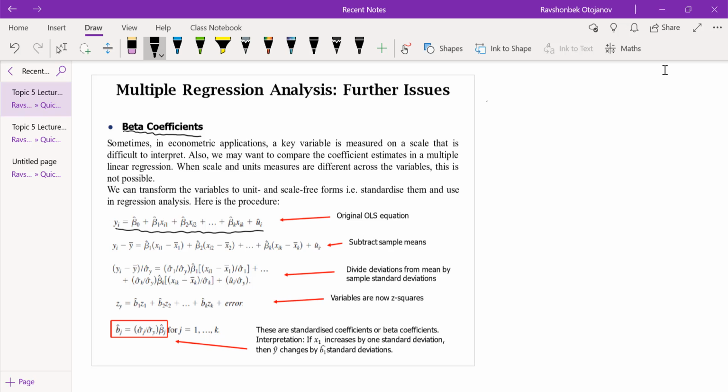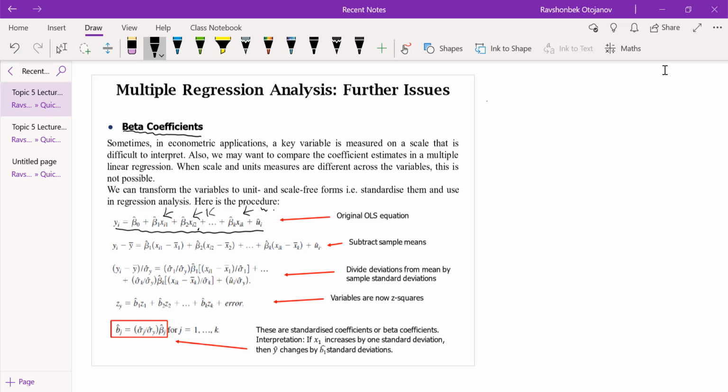But when you have each of these variables containing different units of measurement, let's say this is in pounds, this is in dollars, this is in kilograms, this is in miles, so a lot of different factors, measured in different units of measurement. When we say this increased by $1,000 or x2 increased by, let's say, 2 kilometers, we won't be able to compare their effects.